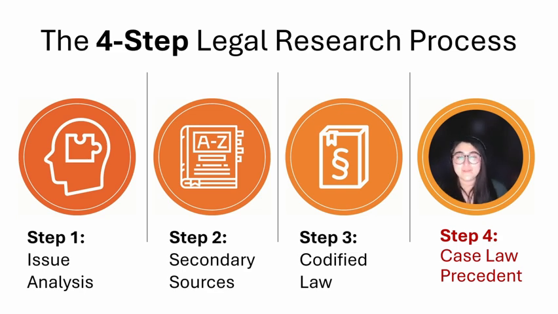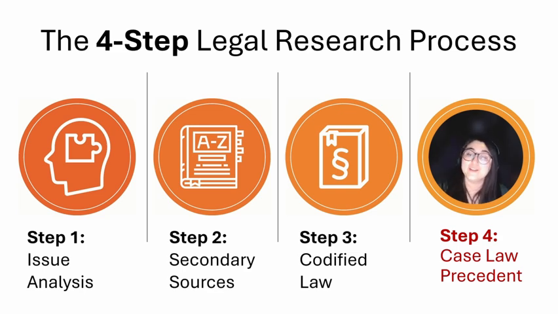Really, really quick review. The 4-step legal research process. The first step is issue analysis. Who, what, where, when, pulling out keywords, pulling out terms of art. Step 2 is secondary sources. We look for the broader topic. We try to look for things that can help us understand. Then we start looking for codified law. We look for statutes and regulations, something that will give us an idea of what the law is trying to be.